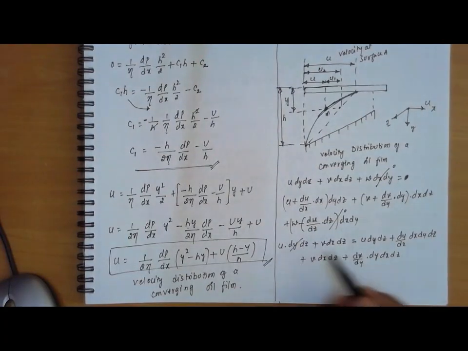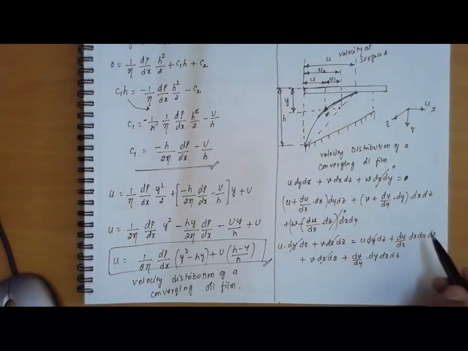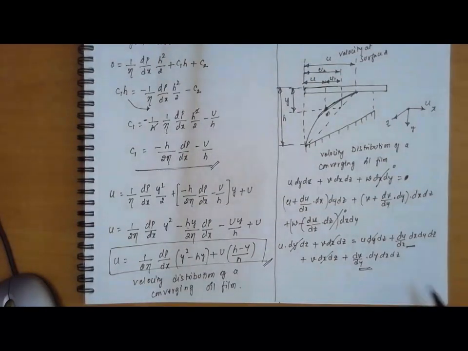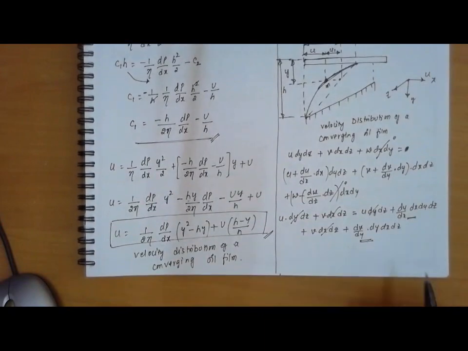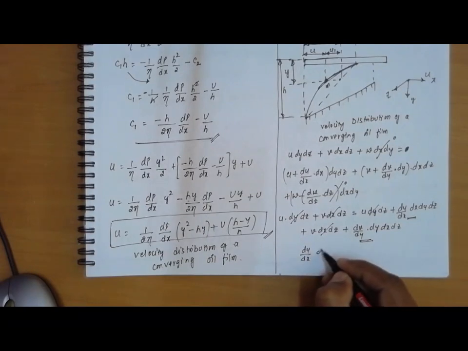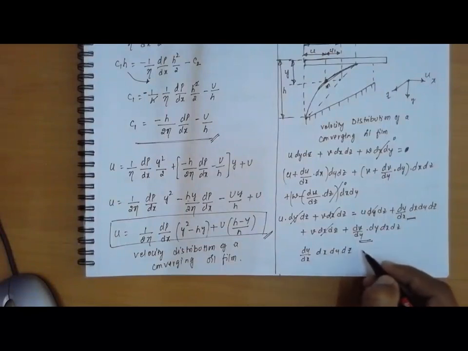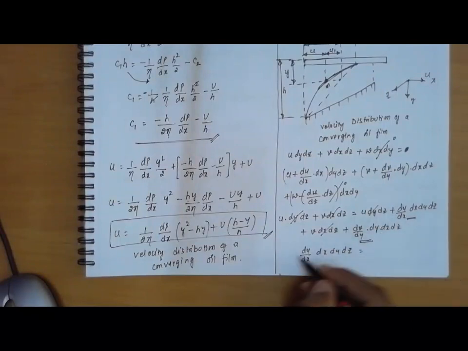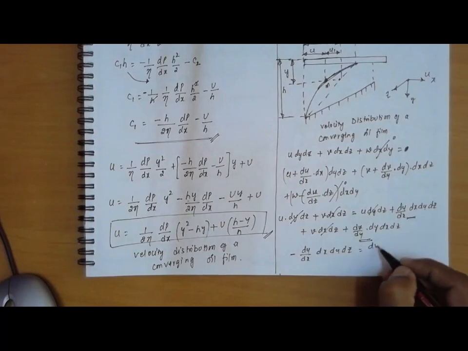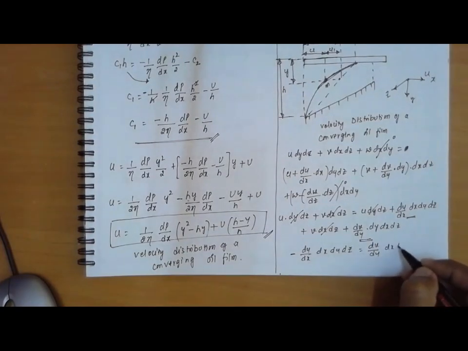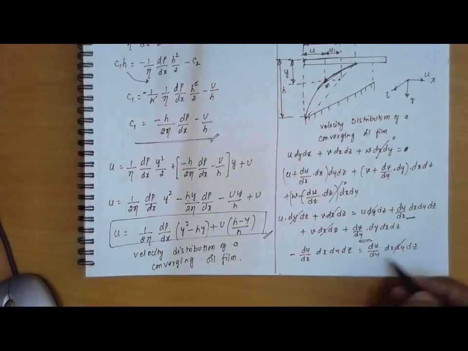So we can cancel this positive term with this term, and this term with this term. Finally we are left with these two variables. If you transfer one to the other side, we can write du by dx into dx dy dz, and on the right hand side dv by dy into dx dy dz. So we can cancel the small elemental dimensions dx dy dz, and rewrite this function.